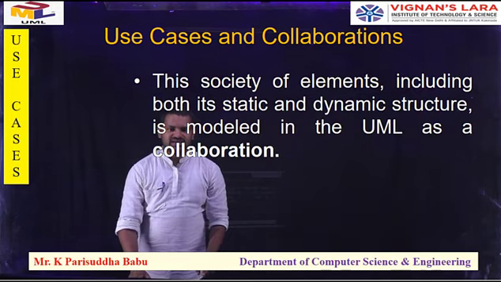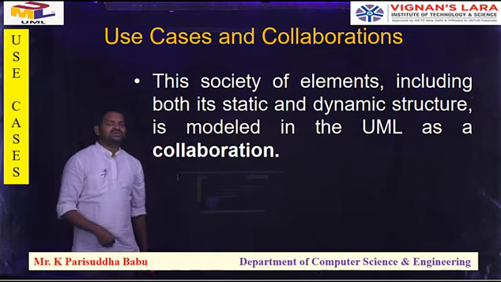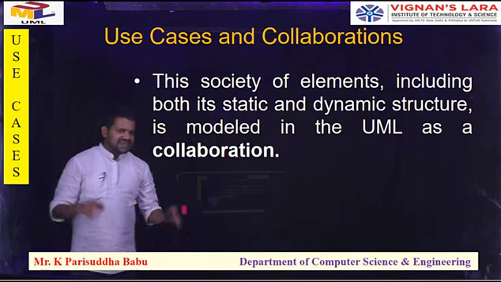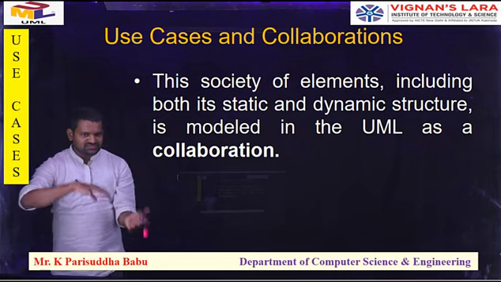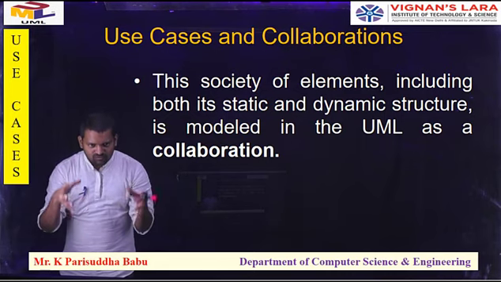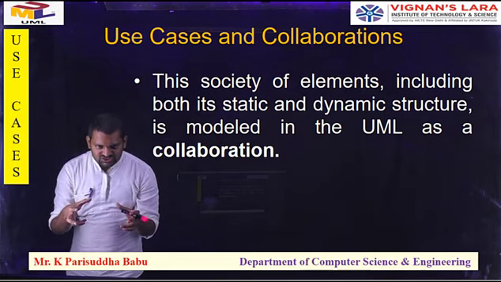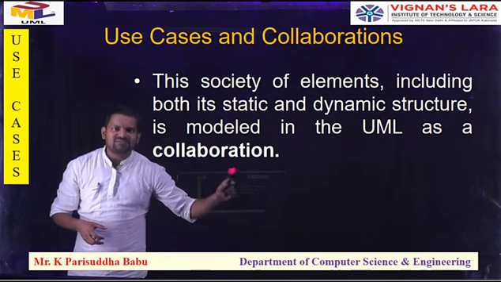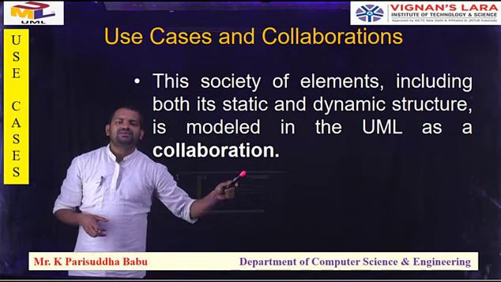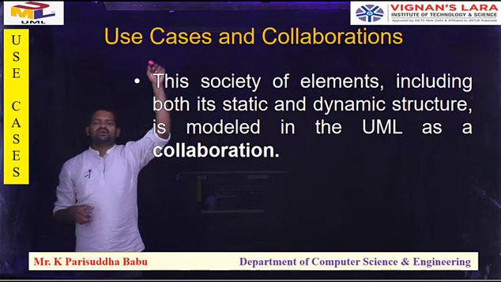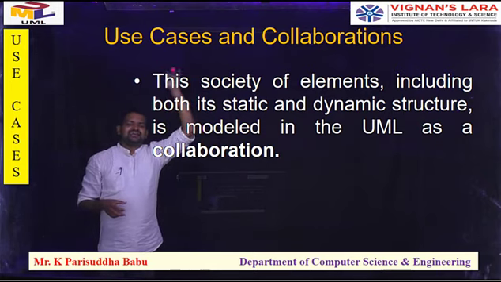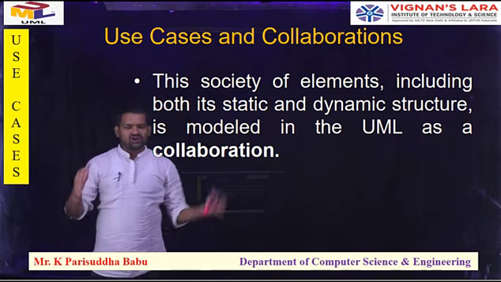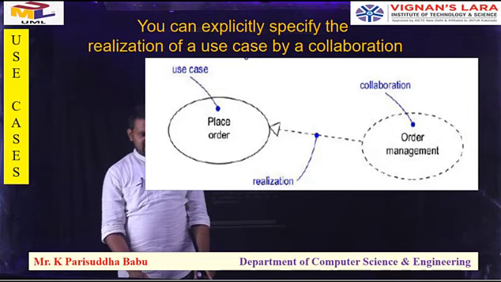The society of elements includes both the static and the dynamic aspects, which are combinedly modeled in UML and simply called collaborations. Collaborations represent the society of elements, including both the static and dynamic structure of a model.